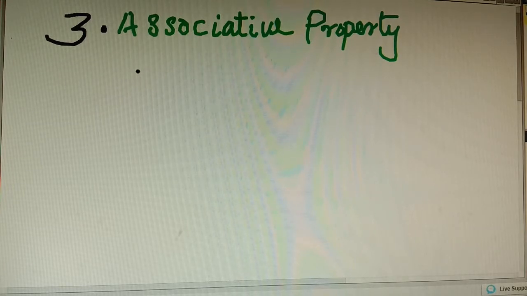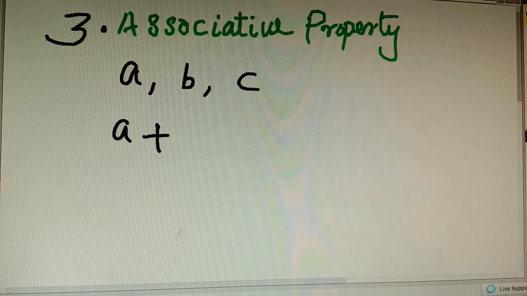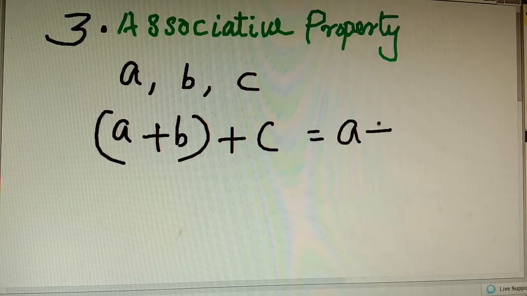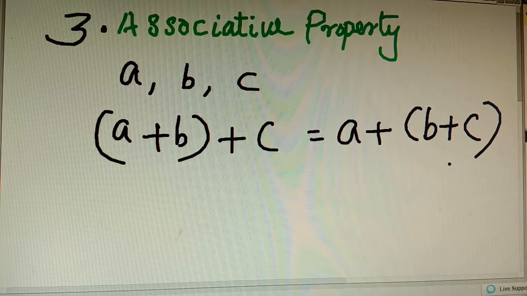Then we can say this way: for any three rationals a, b and c, if (a + b) + c is equal to a + (b + c), then we can say it is known as associative property.